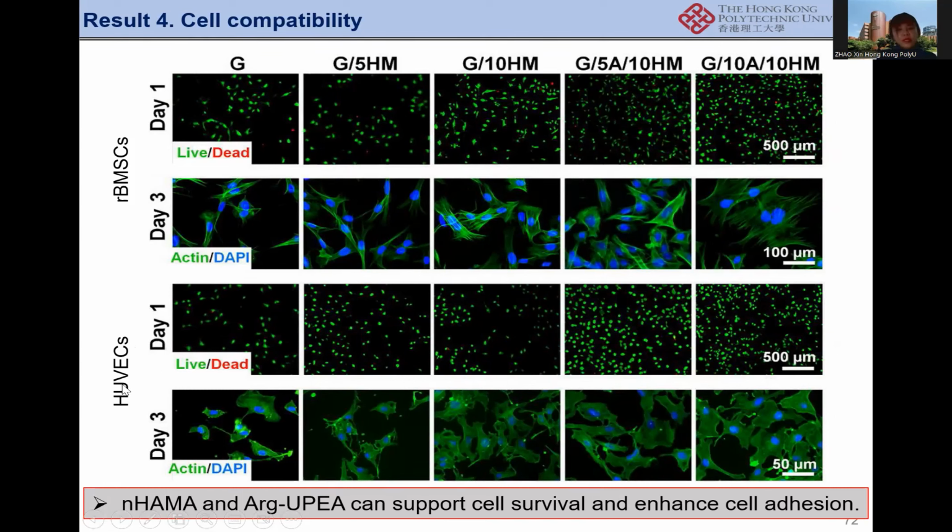And when we're seeding the human endothelial cells on top of these scaffolds, you can see that most of the cells are alive, and they adhere well to the scaffolds. Also, when we increase the L-arginine concentration, because the cells are negatively charged and the L-arginine is positively charged, we increase the charge of the membrane, and then they can have better adhesion to the cells.